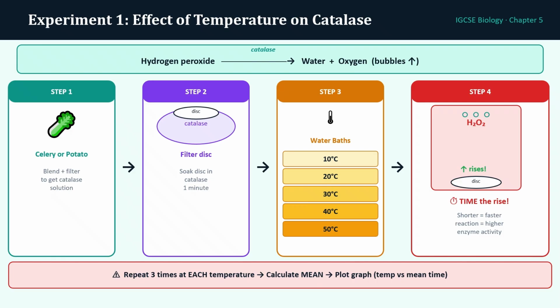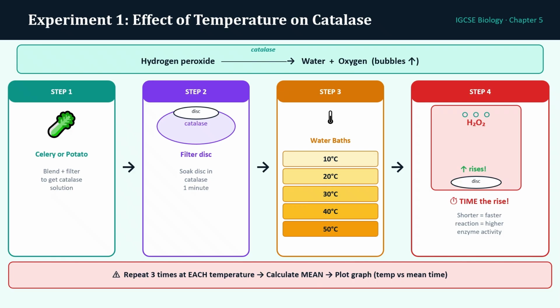Step 4 is drop the catalase discs into the hydrogen peroxide. Catalase breaks down the hydrogen peroxide, and oxygen bubbles will form. Bubbles will collect on the disc and the disc rises to the surface of the beaker. Now time how long the disc takes to rise. Shorter time means faster reaction and higher enzyme activity.